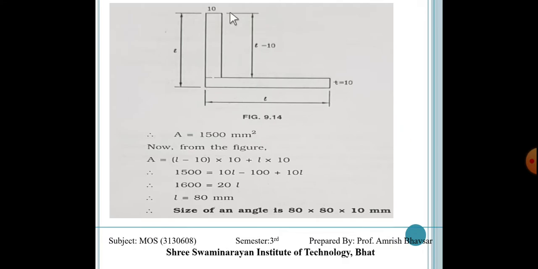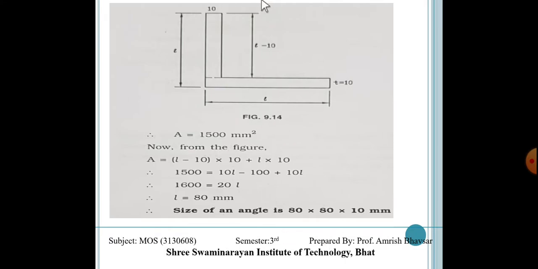Now we have to find out the dimension of this angle section having 10 mm thickness. So for an equal leg angle, this length is L, and this length is also L. If we take two parts, then this vertical height is equal to L minus 10, because we have to subtract the thickness.